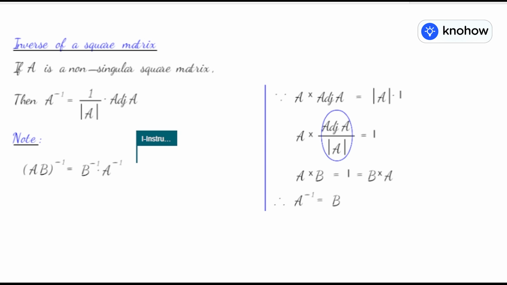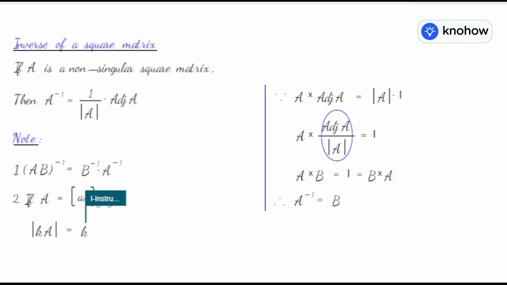And also make a note of another important result which I have discussed with you earlier also, that given is a matrix Aij of third order, say 3 by 3, then the determinant of kA will be k cubed times determinant A. It has been discussed in the previous exercise in detail, but you may require it here again. That's why I am giving you this particular result.